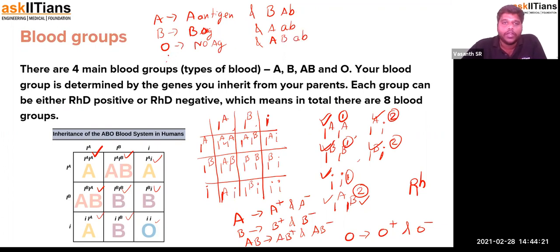In the case of AB, it will have both A and B antigen, but no antibody.